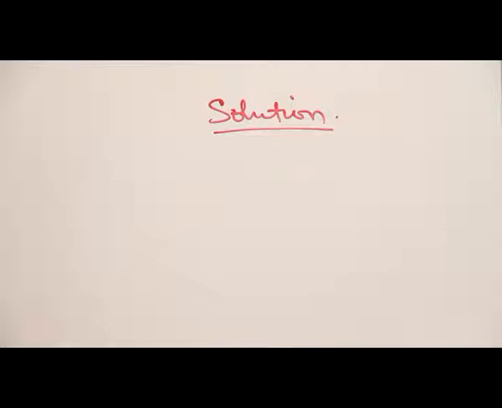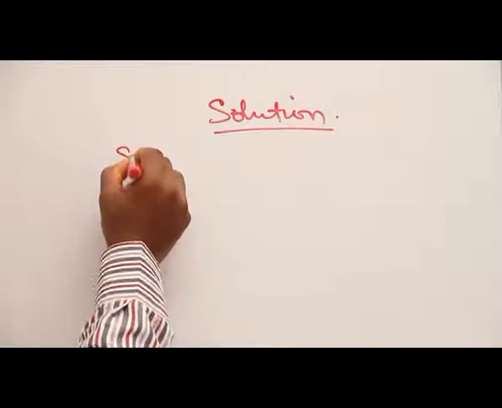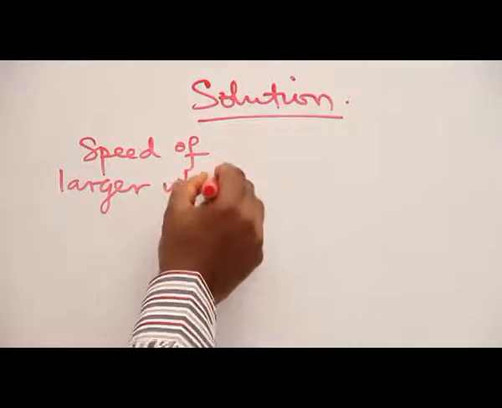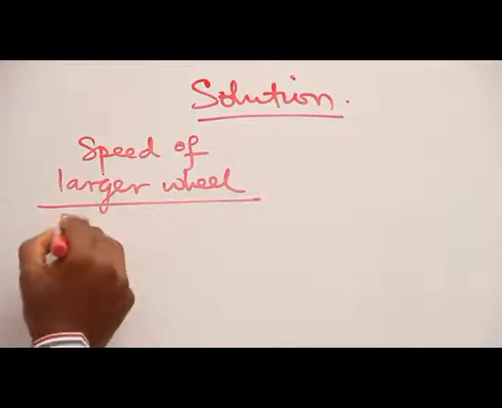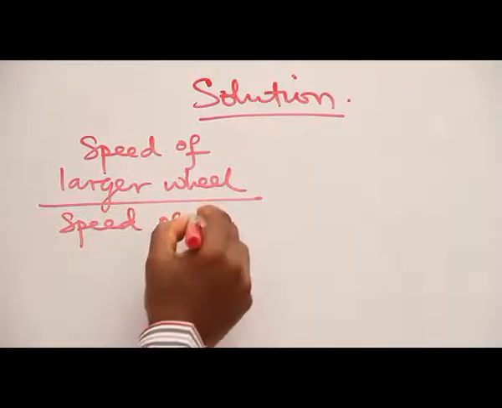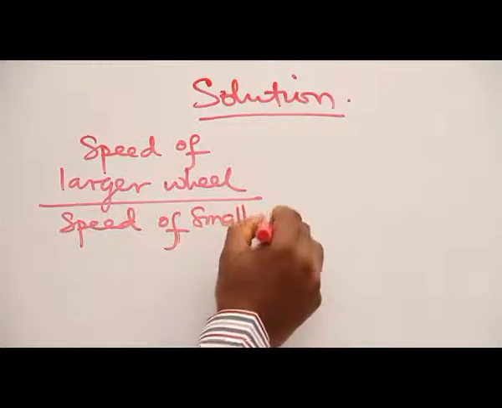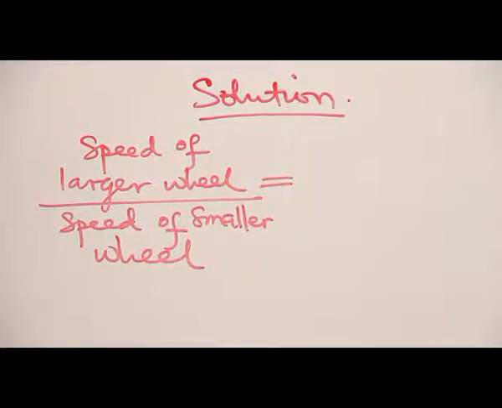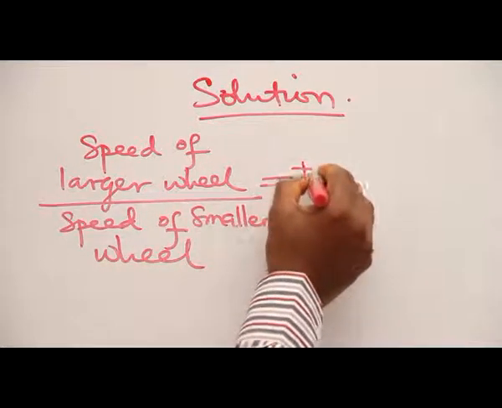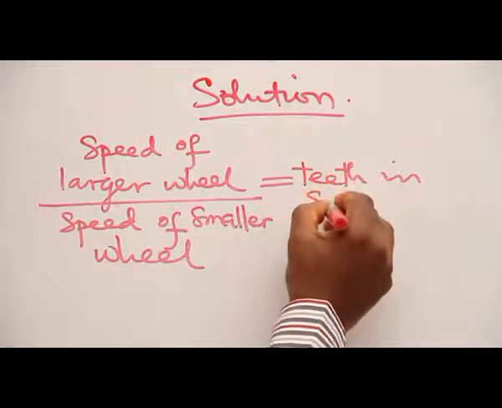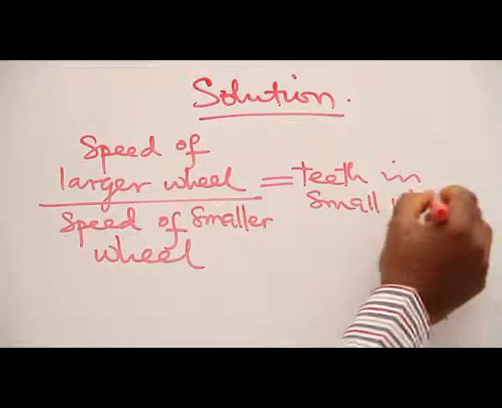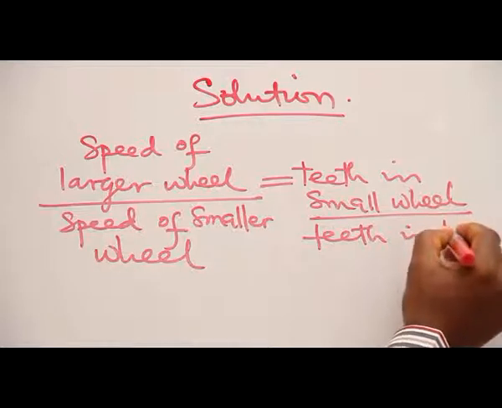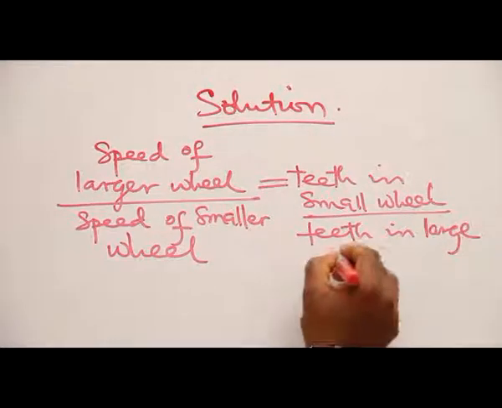The speed of the larger wheel divided by speed of smaller wheel is equal to the teeth in small wheel divided by the teeth in large wheel.